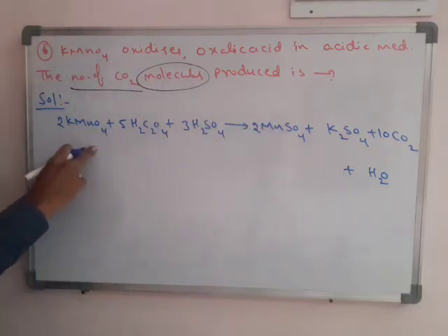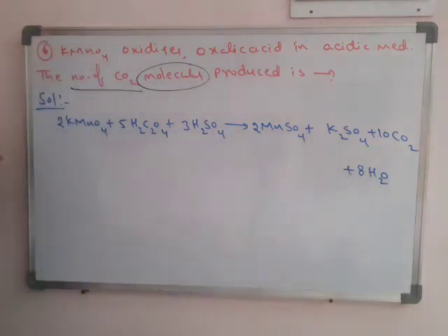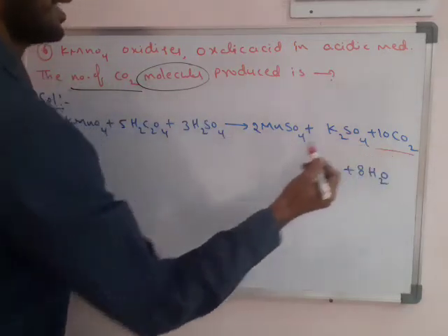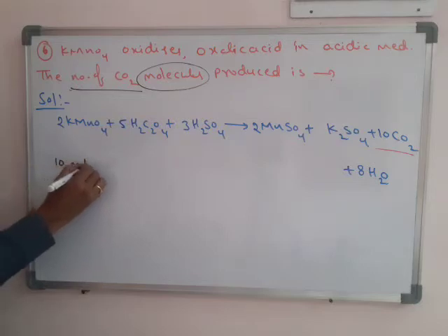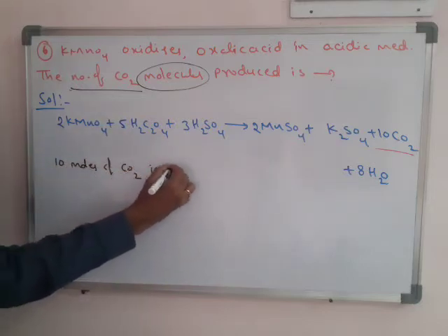We just have to remember in this reaction how many CO2, so in this reaction 10 moles of CO2 are formed. So the answer directly we can write: 10 moles of carbon dioxide is produced.